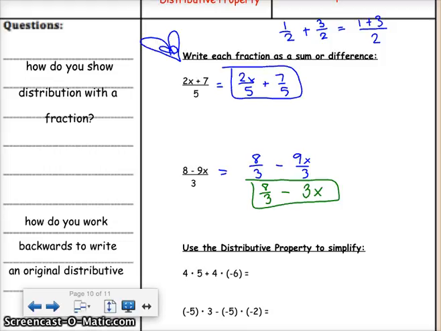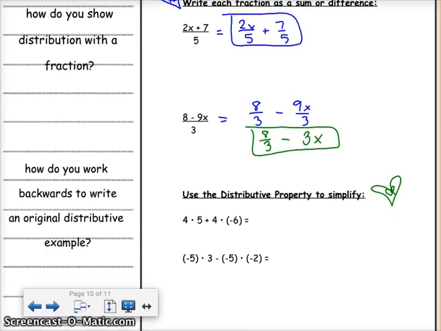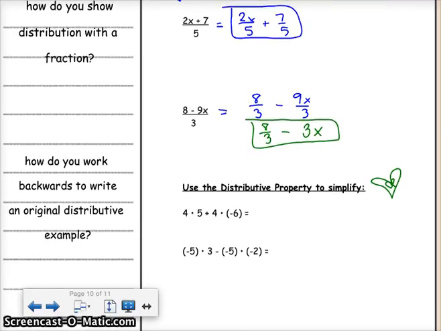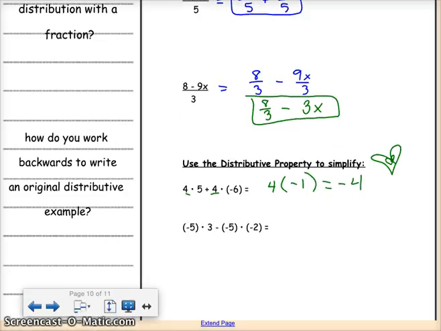That's it. The other stuff we talked about yesterday, that's a distributive. Notice that they both had the 4 in common here. So we turn this into 4 times 5 plus a negative 6 would be negative 1, negative 4. Remember, we did that yesterday with some examples. Here they shared a negative 5. So I turned it into negative 5 times. Or what am I?